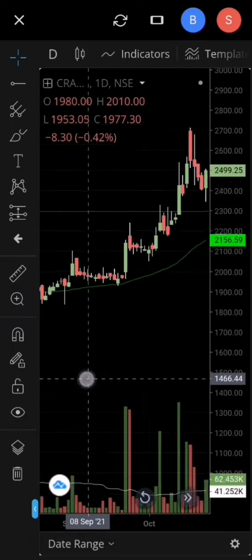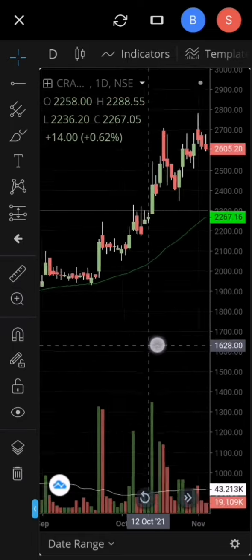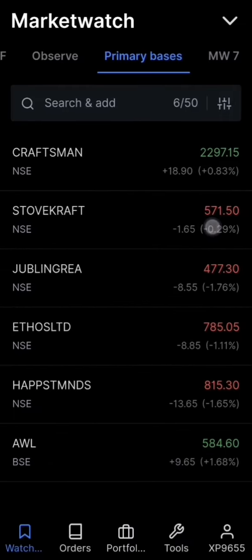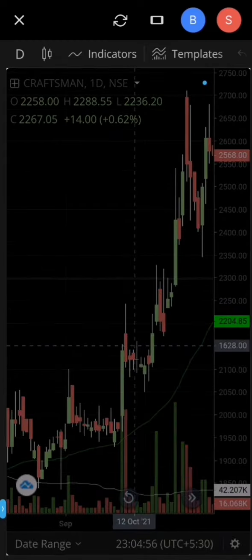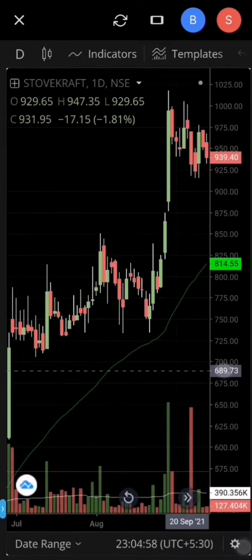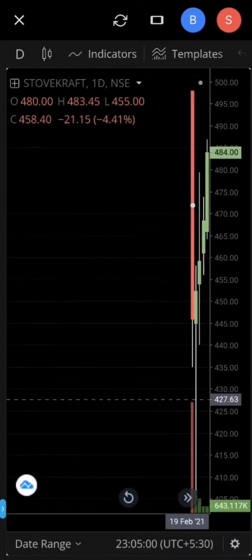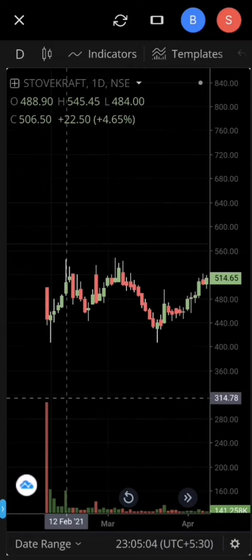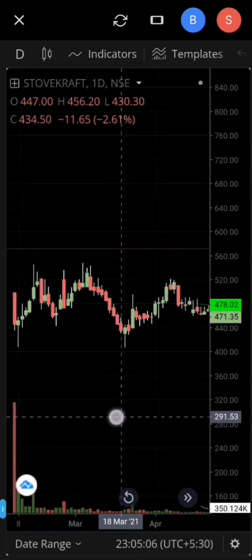So this was again a very significant move. After that, let's see the example of Stovecraft. This is also another example of an IPO base.